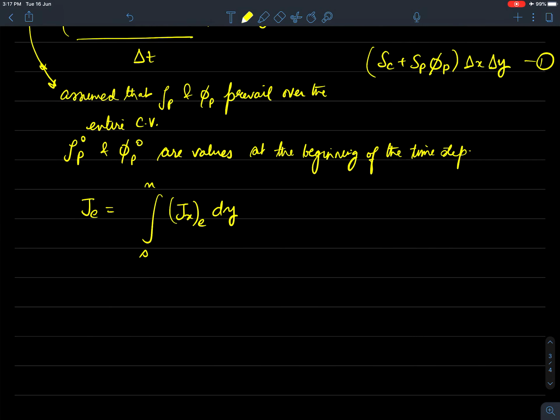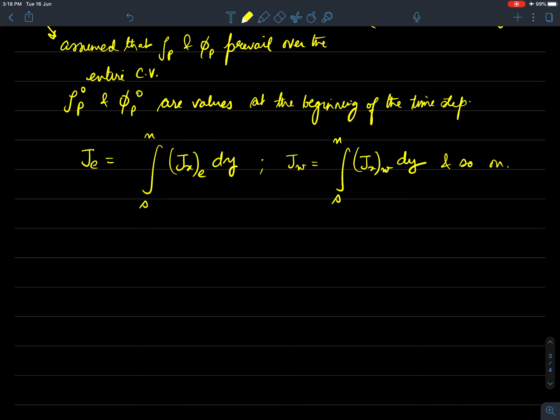That is how we get JE, and similarly JW will be again south to north JX over W face dy, and so on. Similarly I can also write JN and JS, but I'm not doing it, because I think you get the point.